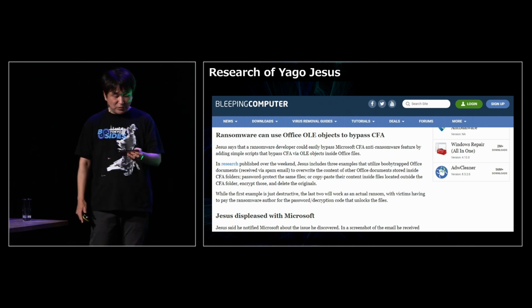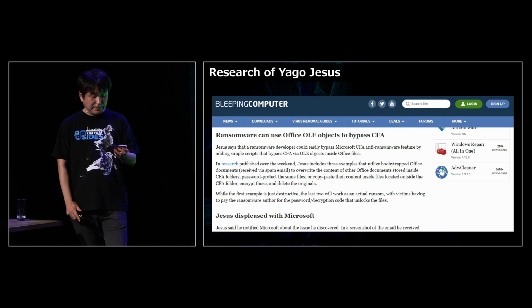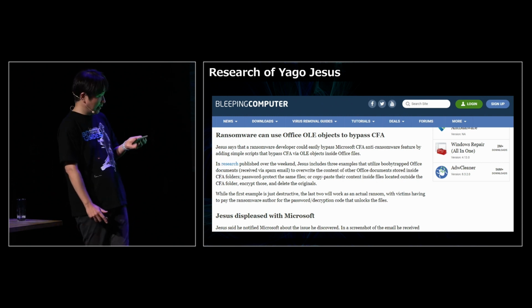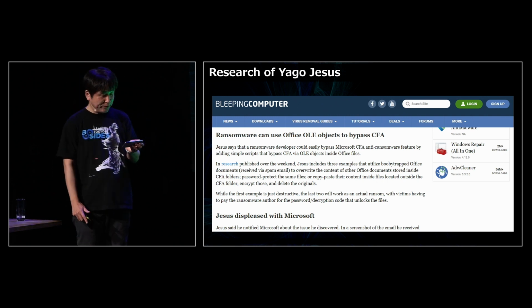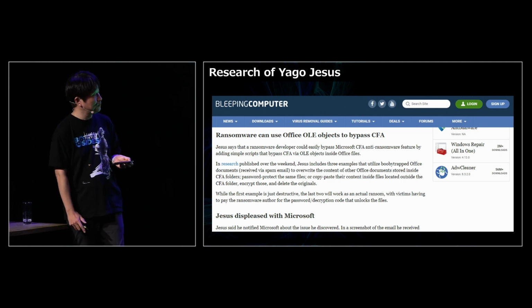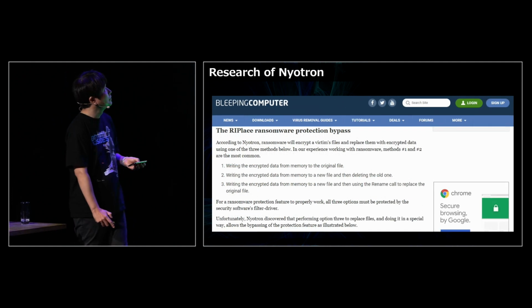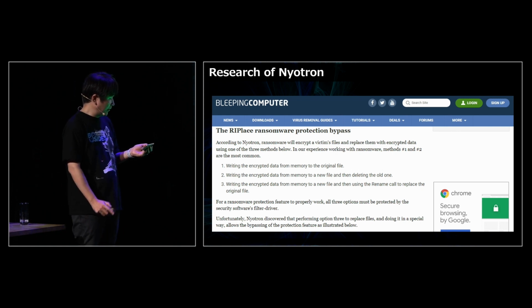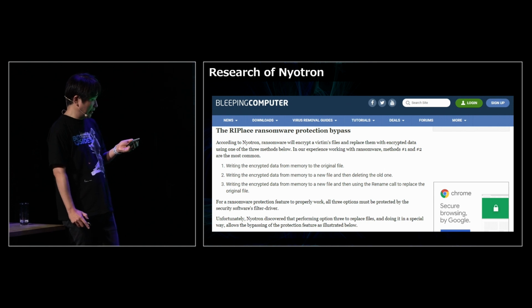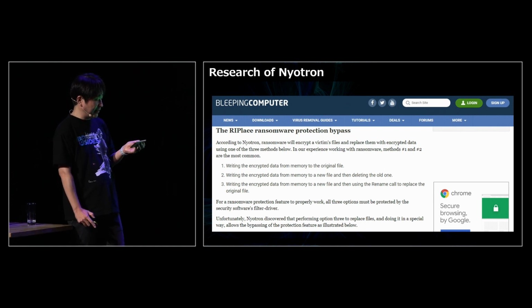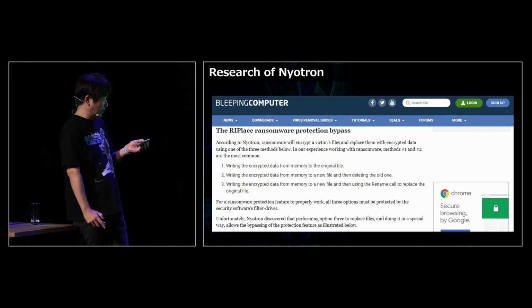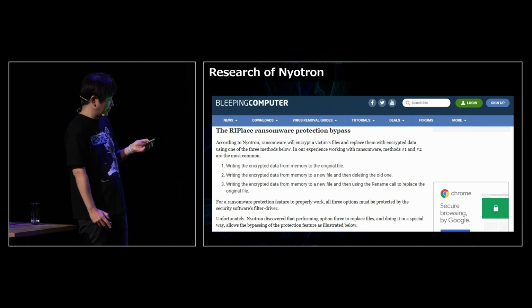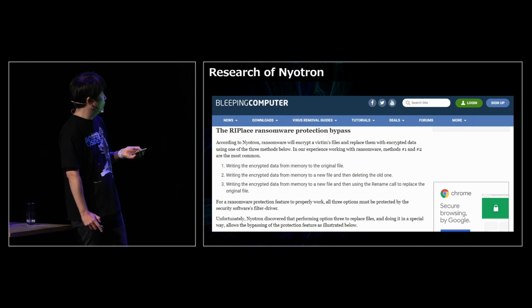This is a technique to bypass Controlled Folder Access that uses Office OLE by exploiting the inclusion of Office apps in the whitelist. Another technique involves writing the encrypted data from memory to new files and replacing the original file with a rename call.